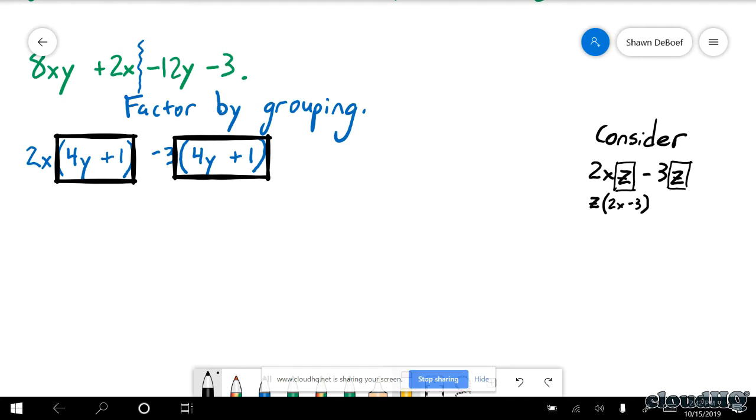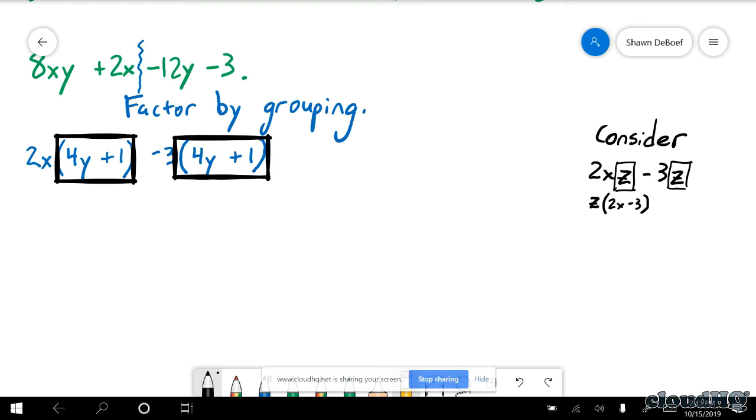But z represents a number. It's just a variable. It represents a number. What does 4y plus 1 represent? It also represents a number. It's maybe a fancier way, not really fancy, but a more elaborate way of expressing the number because we're putting it in terms of y. But it's just whatever number y is multiplied by 4 and added 1. So it's just a number. It's the same thing as z.